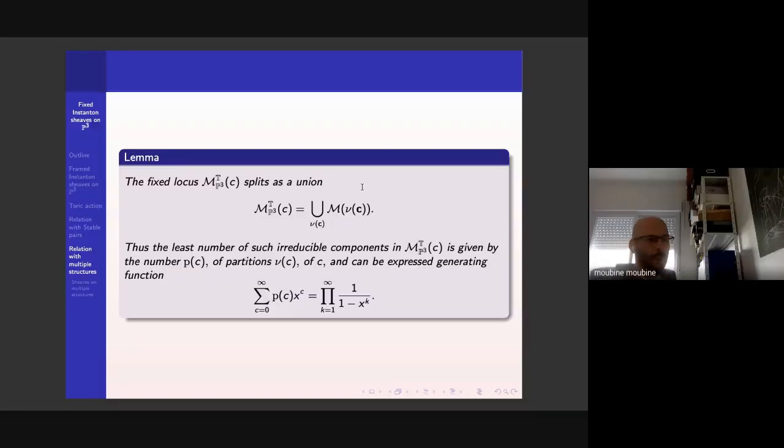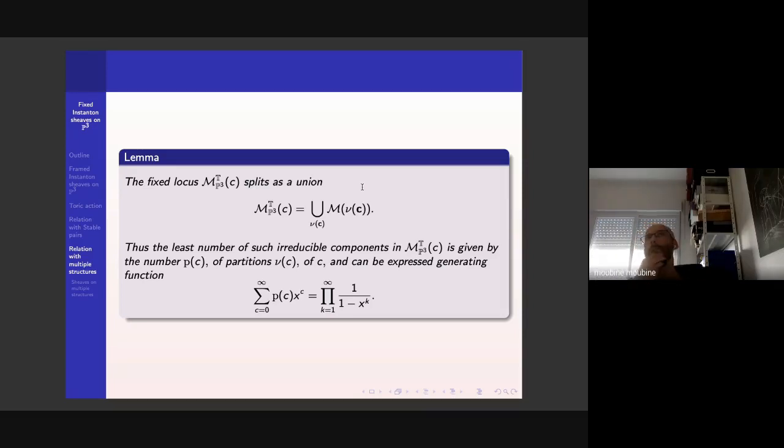This is the least number because actually we don't know in general if these pairs come in families, if they are rigid. There is really a difficult problem of looking at their deformation.